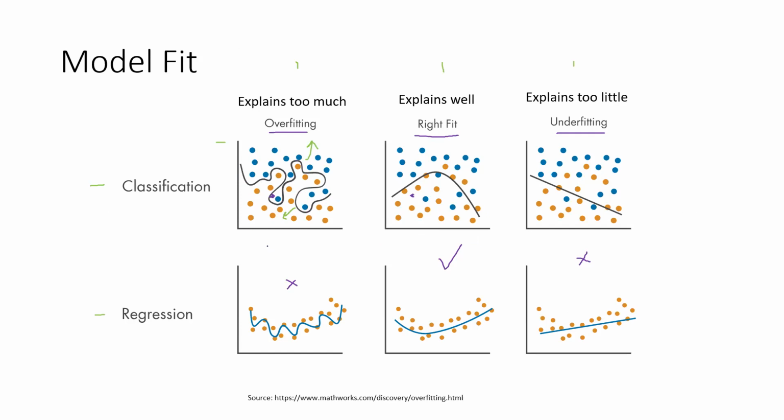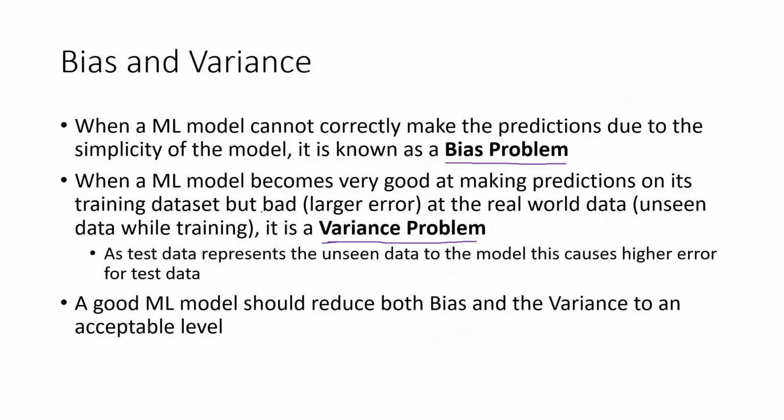But when you introduce a new data point from the environment, like a data point from the test data set, we can identify what is the real accuracy it would have on unseen data. So you can find this is the variance problem when there is overfitting.